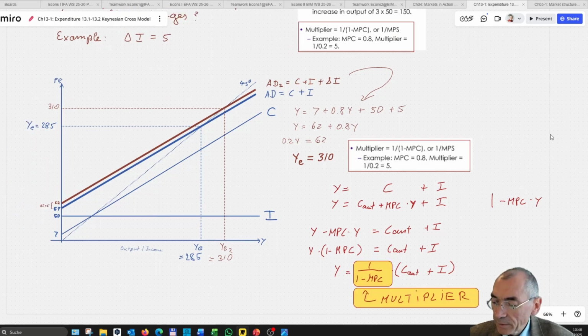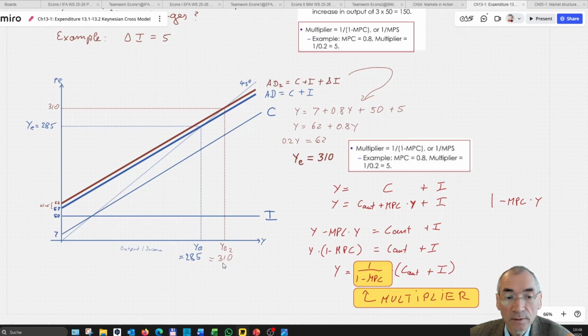This multiplier is an essential basis of the Keynesian theory, as we can see and have already described: a small stimulus, increasing autonomous parts of aggregate demand or planned expenditure, can lead to a relatively larger change in income. And that's typically what we want in economic policy.